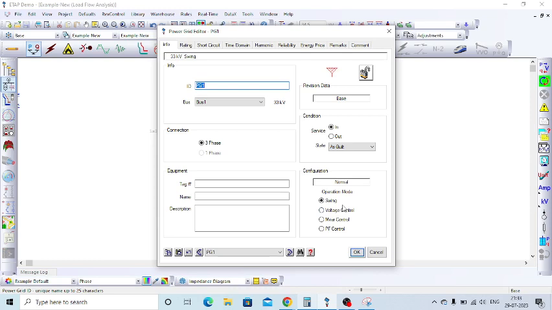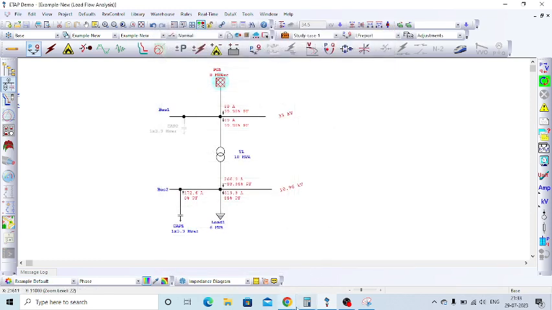It's a typical swing bus. As we know, for the swing bus we know the voltage and the voltage angle, and the real and reactive power are unknown. Okay, good. Any other questions?